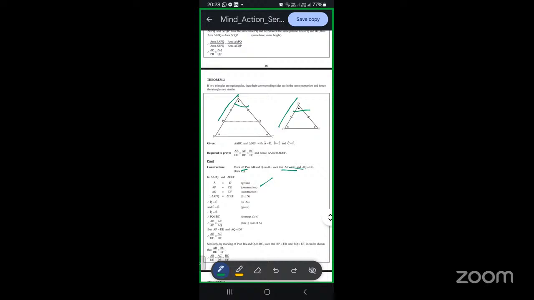So yes, you are now allowed to say AP is equal to DE by construction. Same applies on the other side. You're going to say AQ is equal to DF by construction. It's your reasoning.